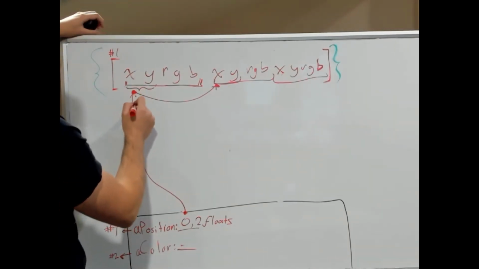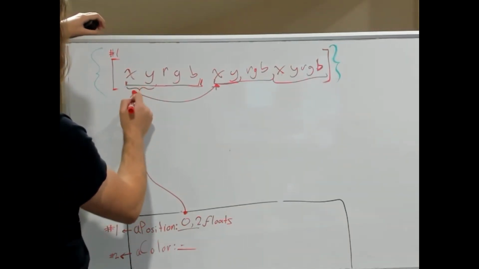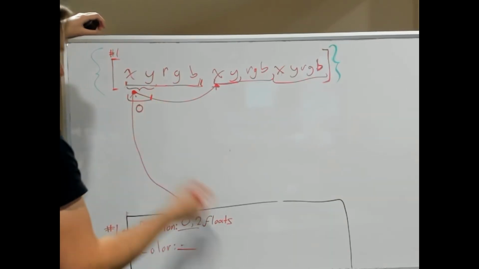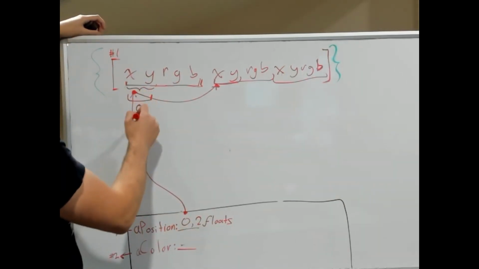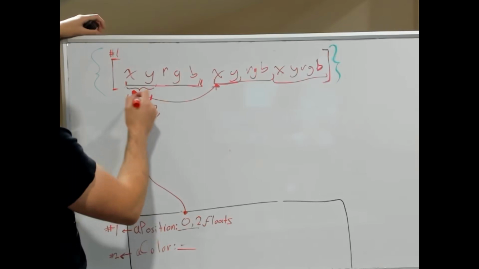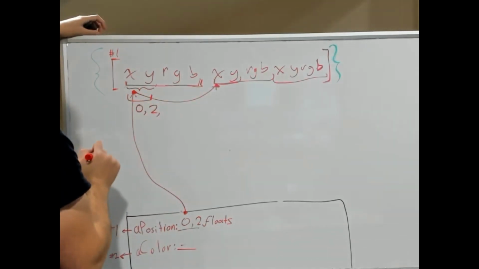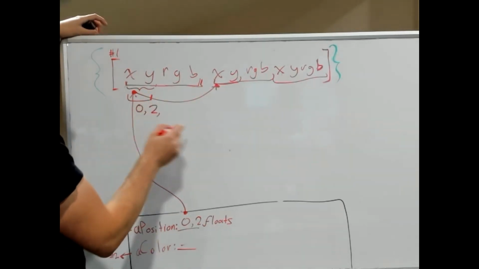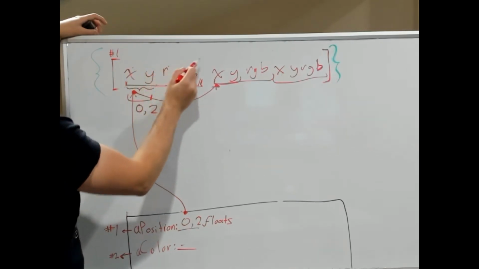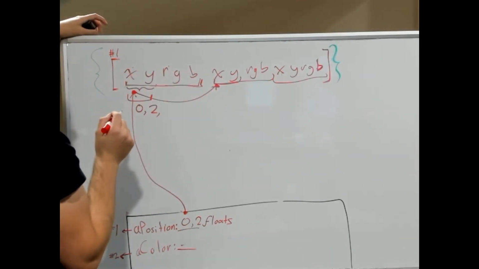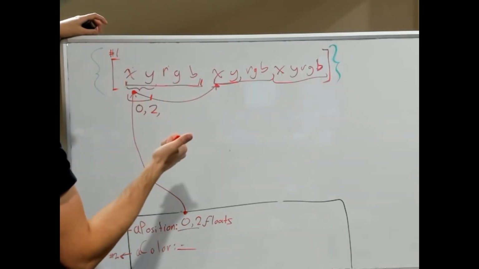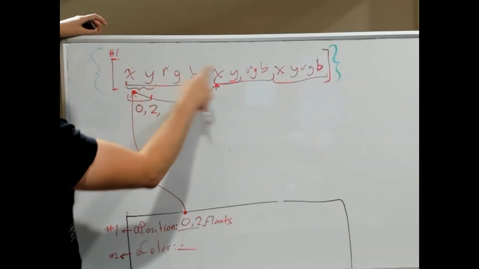So our offset is 0, it's 2 floats, and what's our stride? It might be tempting to say 1, 2, 3, 4, 5, 6, but don't forget that we are 0-based indices, so it's not 6, it's 5.